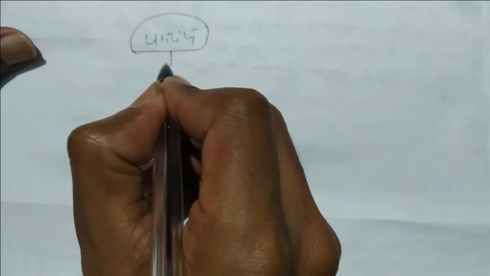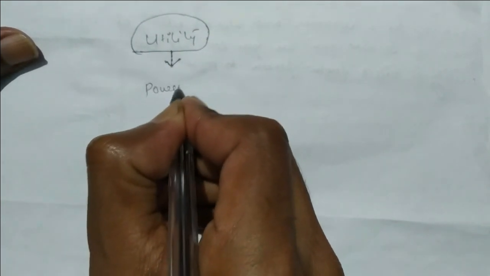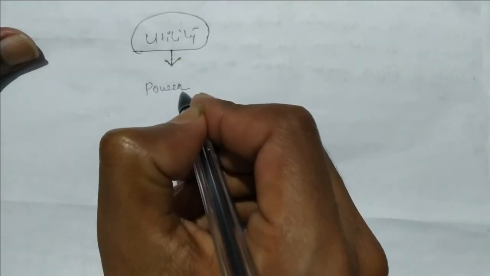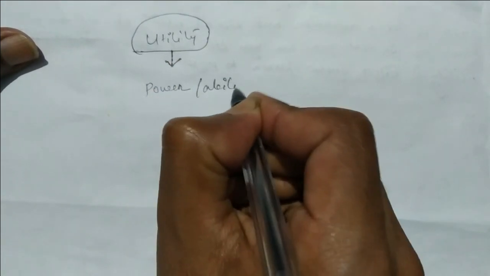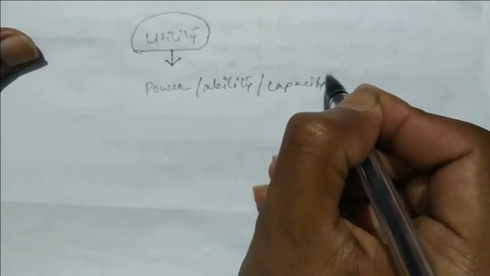Students, I already said that utility is the power of a commodity which satisfies human wants. Now let's see my simple explanation. Again, I start with utility.